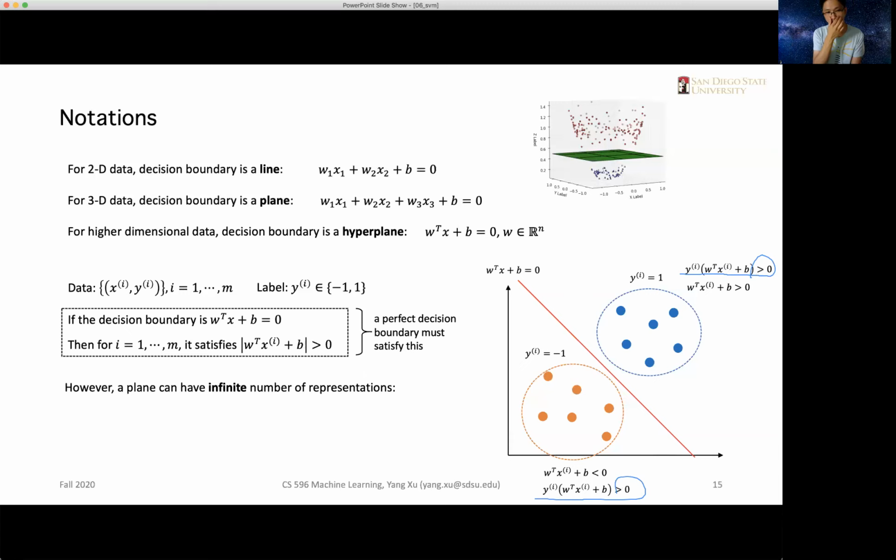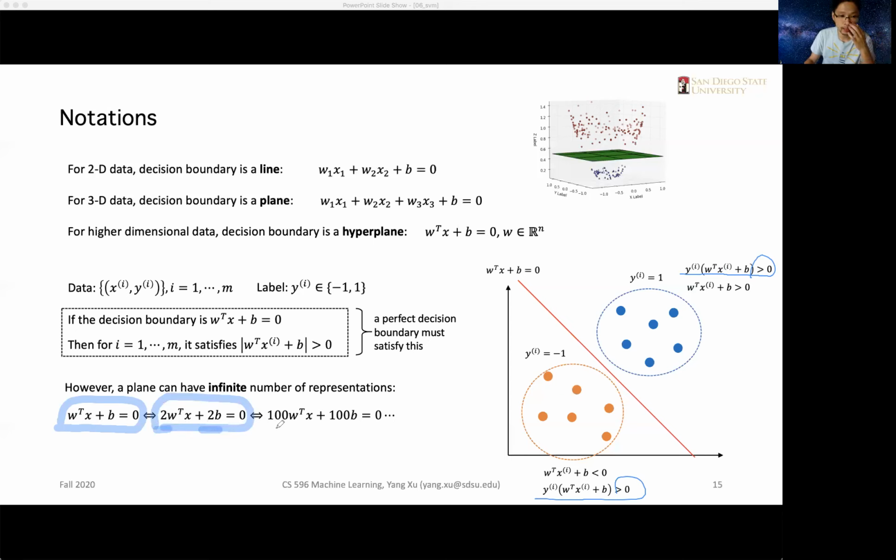Okay. So now here we have another issue, because a plane can have an infinite number of representations. That means we can write a plane in this form: W transpose times X plus B equals 0. But then we can multiply some arbitrary coefficients on both sides, right? That is still the same plane, but a different representation.